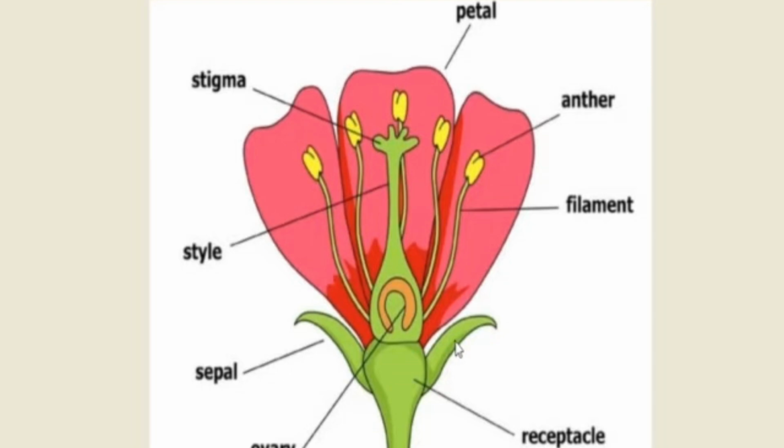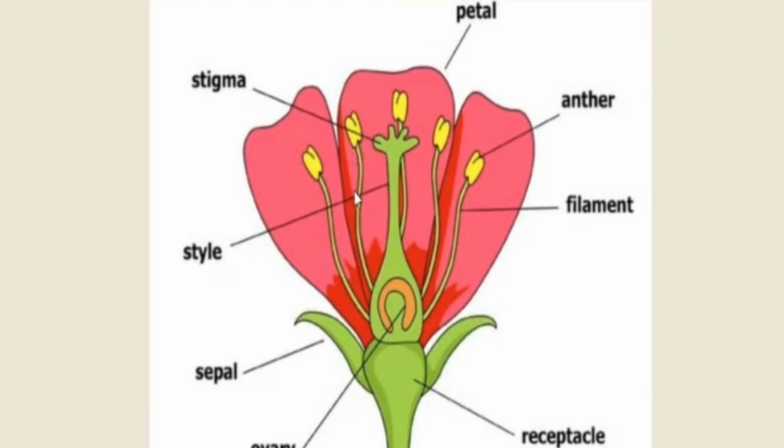Now the second point is the corolla. It's a collection of petals, this colored portion. The next whorl of variously colored petals is known as the corolla, and they help in attracting insects for pollination. If we are talking about the reproductive parts of a flower, your third part is the androecium.